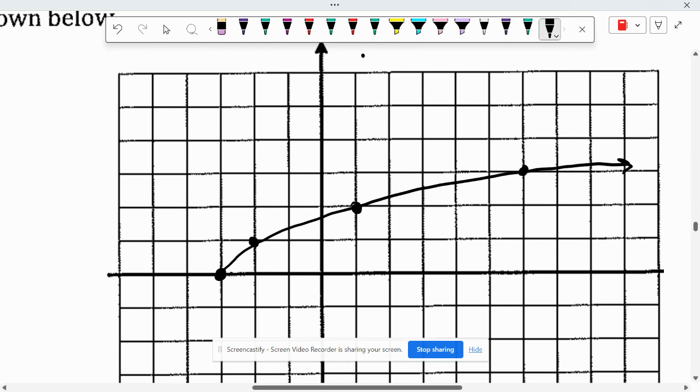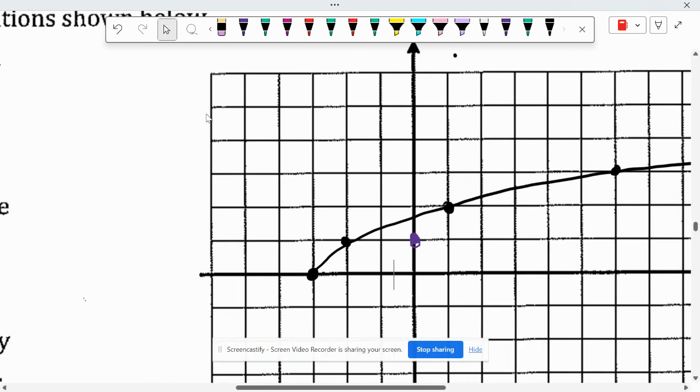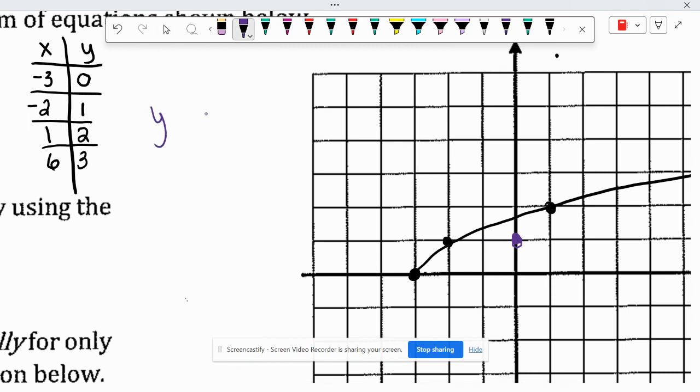The other equation is a linear equation. And you guys know how to graph a linear equation. It's written in the form y equals mx plus b. B is where I begin on the y-axis, which is at positive what? 1. And what is my slope? Y equals x plus 1.